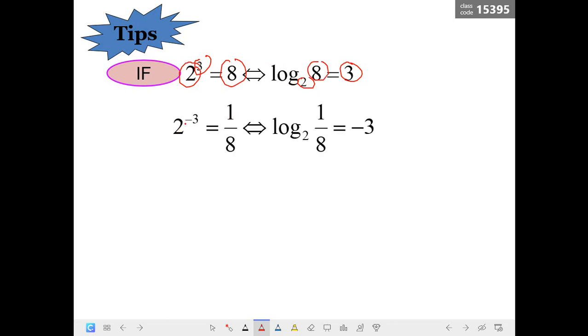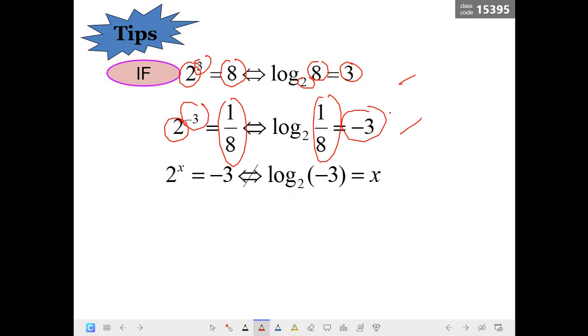Now, given that 2 to the power negative 3 is equal to 1 over 8, it implies log 1 over 8 to the base 2 is equal to negative 3. Given that 2 to the power x is equal to negative 3, we can write log negative 3 to the base 2 is equal to x.